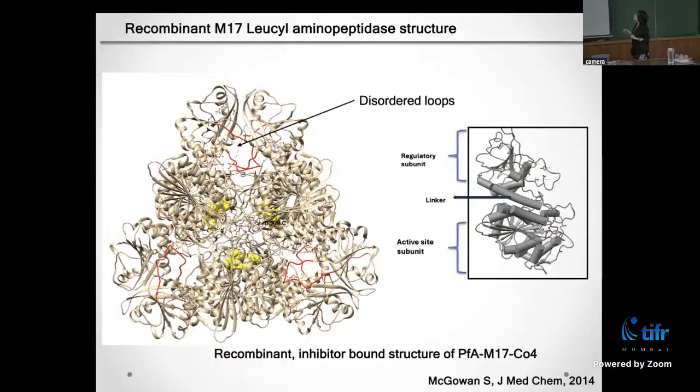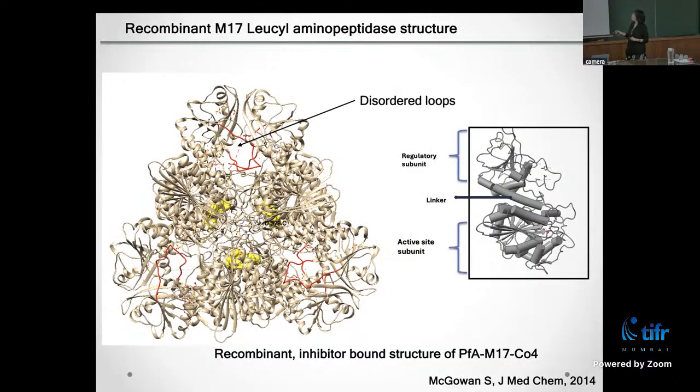Here is the recombinant M17 leucyl aminopeptidase structure, which was published, I think, in 2014.